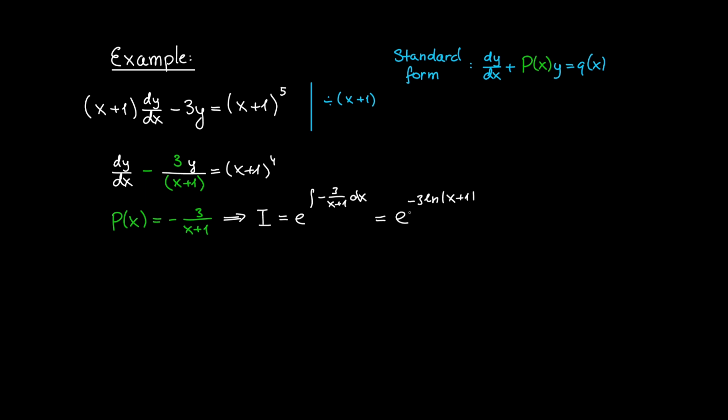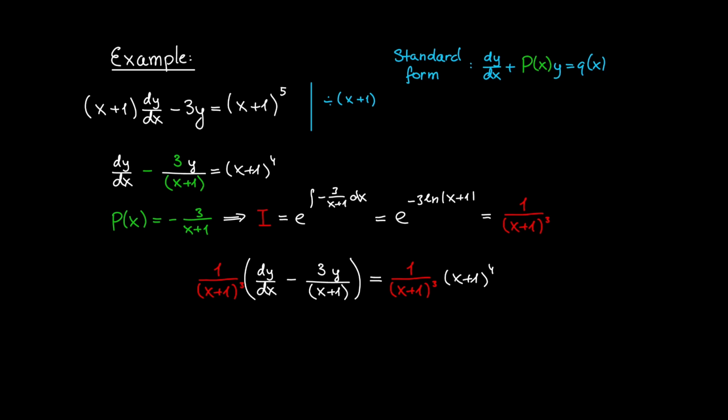And if you know some rules about logs and exponents, you can probably see that this can be simplified to x plus 1 raised to the power of negative 3, or rewritten as 1 over x plus 1 to the power of 3.